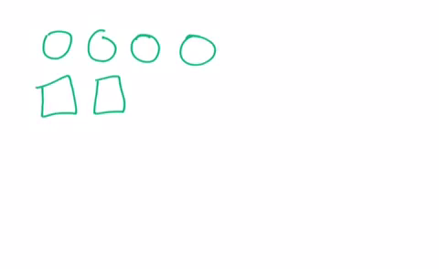Now the pictures can also be flipped reversely, so I'm just going to go ahead and draw a couple of shapes real quick. So let's say that we have just circles, and then we have some squares.